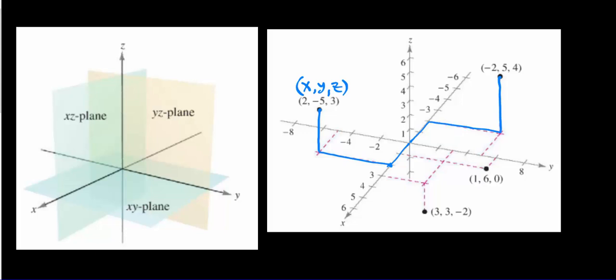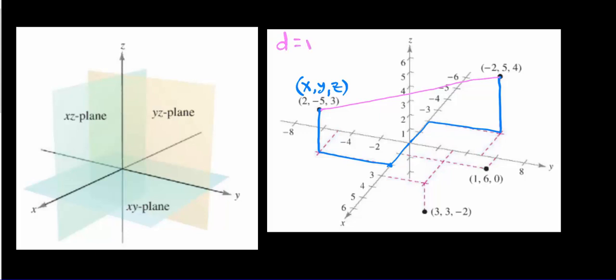Okay. Now, what we know about finding the distance between 2 points, finding the midpoint between 2 points, all that still applies. For example, let's suppose I want to find the distance between these 2 points. I can still use the distance formula. So here it goes.